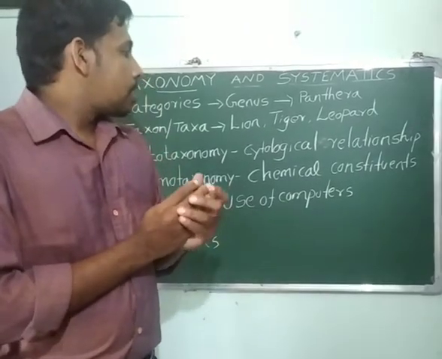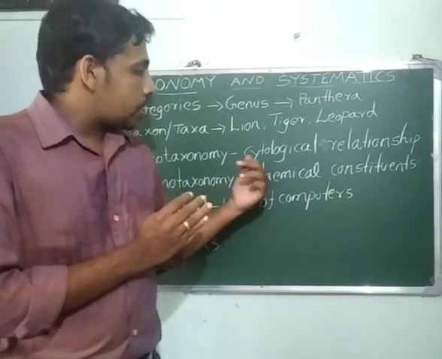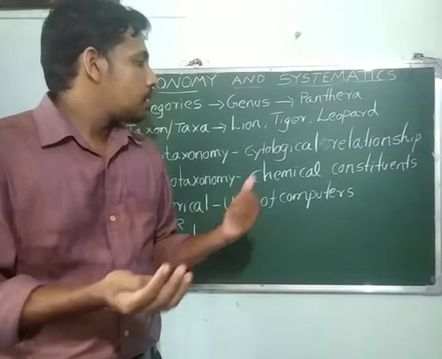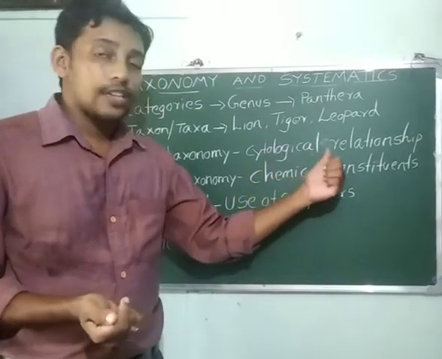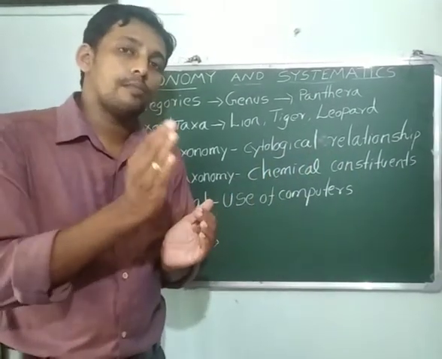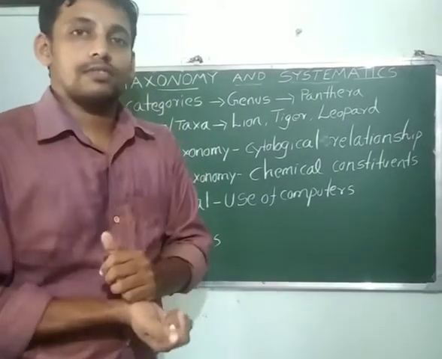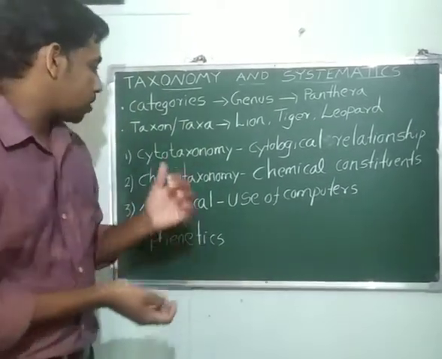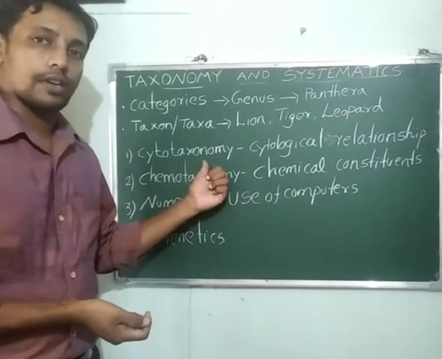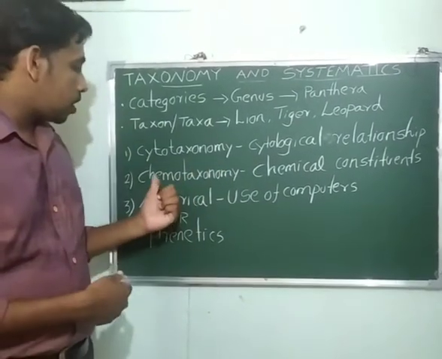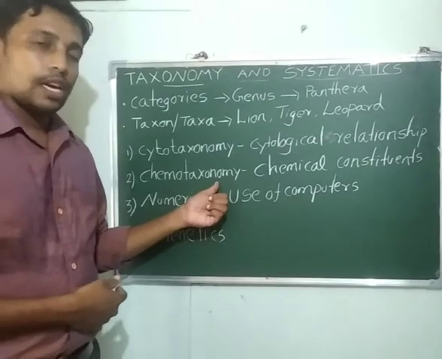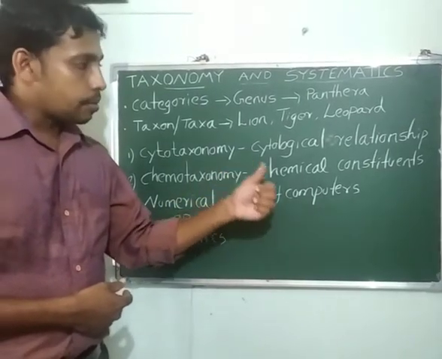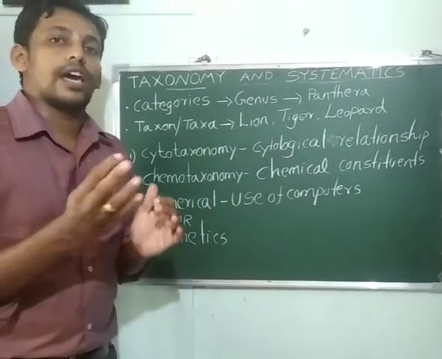We can observe the cytological relationship in the structure and number of the chromosomes. Such a criterion is known as cytotaxonomy. Chemotaxonomy is based on the chemical constituents of organisms.